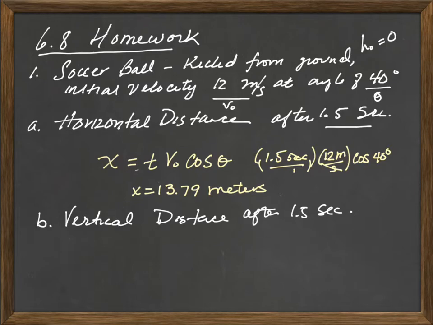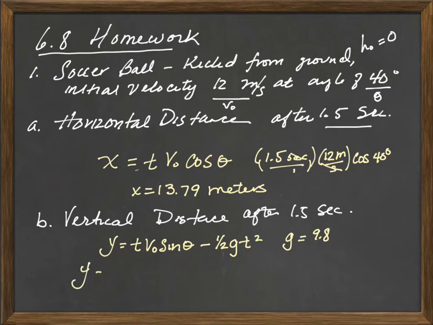If you try to remember that, it's y equals t v naught sine theta, very similar to x, but then it has to factor in gravity. So minus 1/2 g t squared. And we're doing meters per second, so g is equal to 9.8. And so let's stick everything in there for this equation.